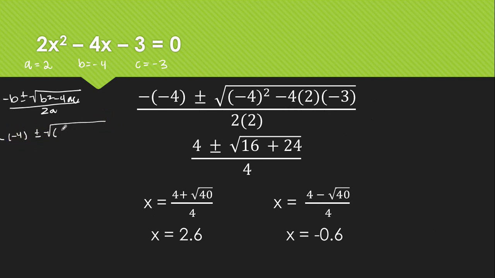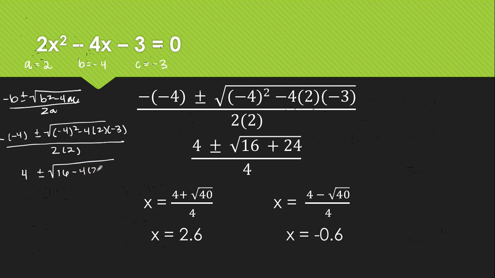Make sure when you substitute anything in, you always put that thing in parentheses. Trust me. So negative 4 will be 4 plus or minus the square root of negative 4 squared is positive 16. Again, you have to put that in parentheses. Do not leave it out of parentheses.